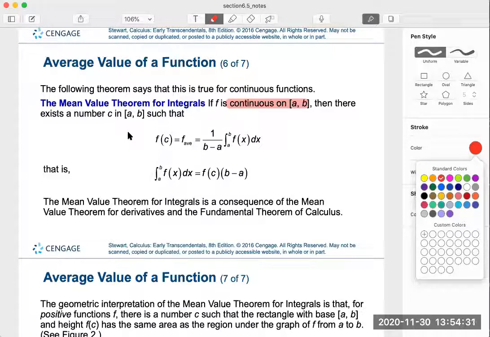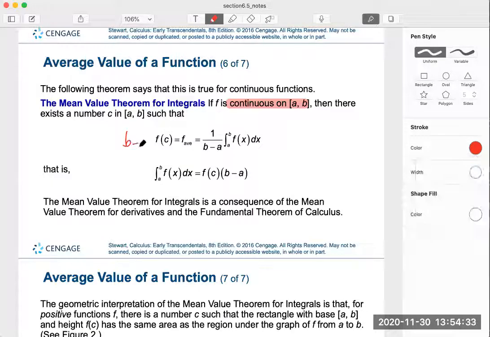So when we multiply both sides by the same number b minus a, then in the right-hand side, they will cancel each other here. And finally, it gives us this formula. So this is the mean value theorem for integrals. Okay.